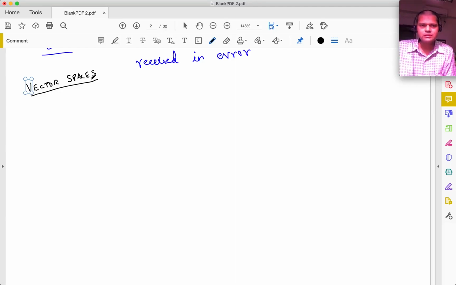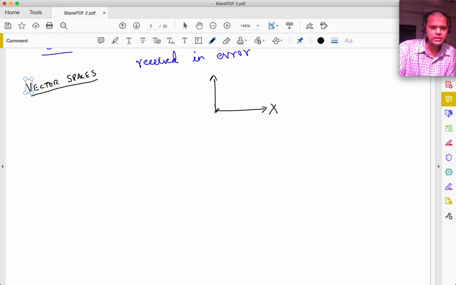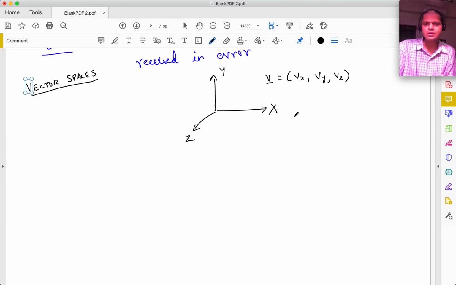What has this got to do with vector spaces at all? In the traditional vector spaces we studied in school, you have an x-axis, a y-axis, and a z-axis. And each vector is given as, let's say, Vx, Vy, Vz. Something like this.